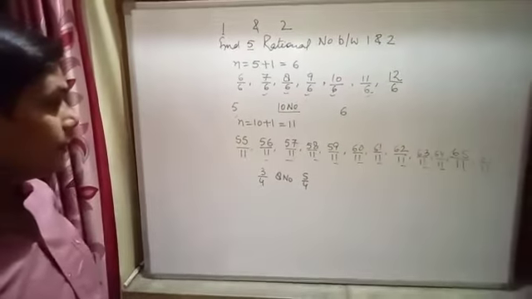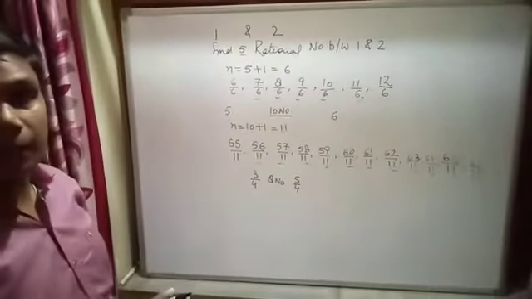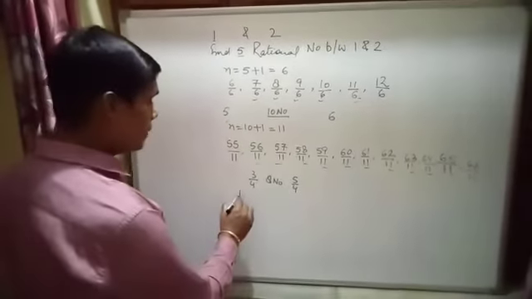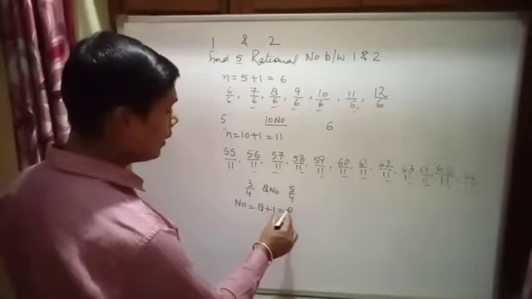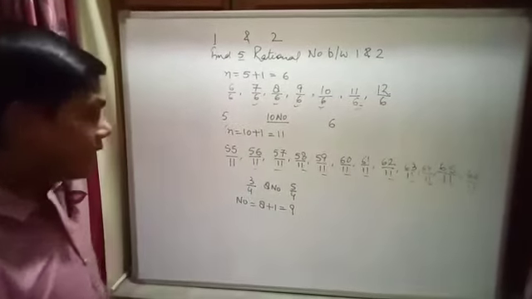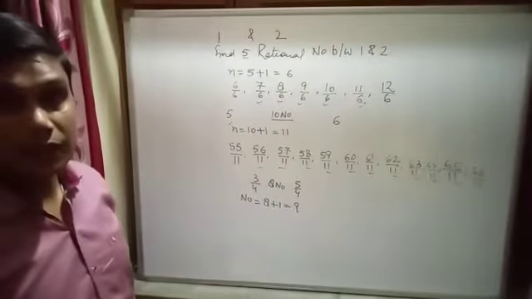How will you find it? The process is the same. The numbers you have to find is 8, plus 1 is equal to 9. It means the LCM must be 9.